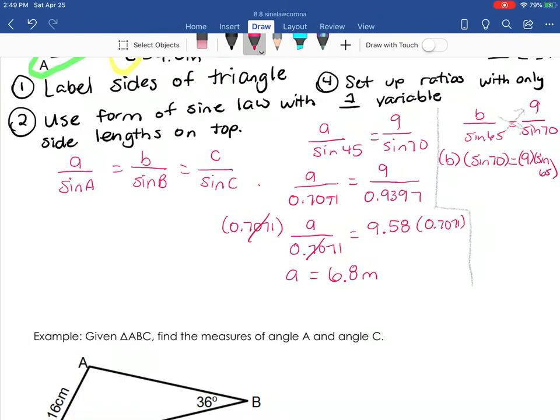Okay, so we have B times sine 70 equals 9 times sine 65. Sorry for the squishing.